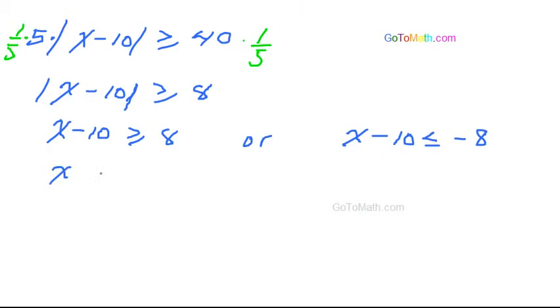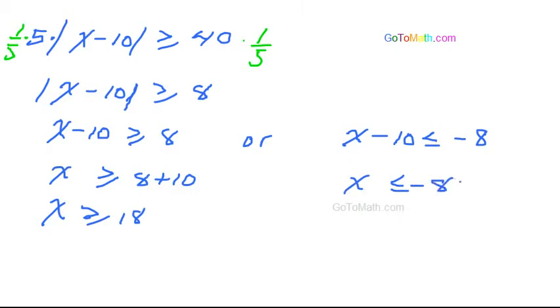Alright, so we have x is greater than or equal to 8 plus 10. So x is greater than or equal to 18, and x is less than or equal to negative 8 plus 10, and so x is less than or equal to 2. Greater than 18 and less than 2. It's quite interesting.